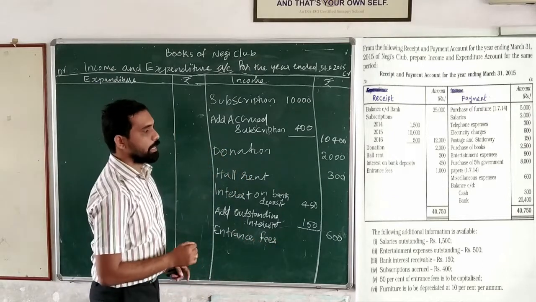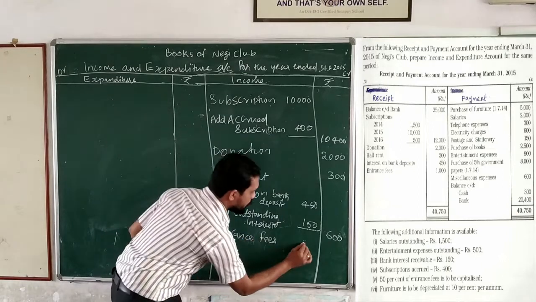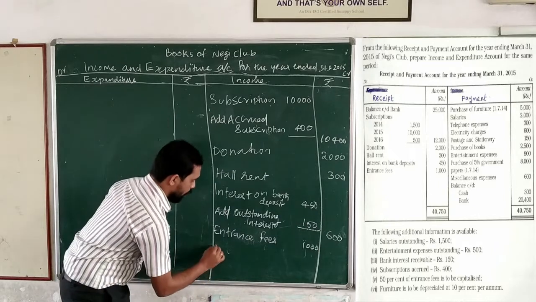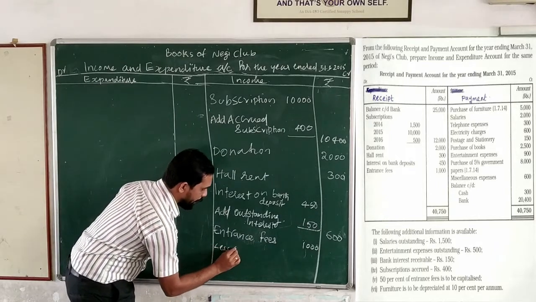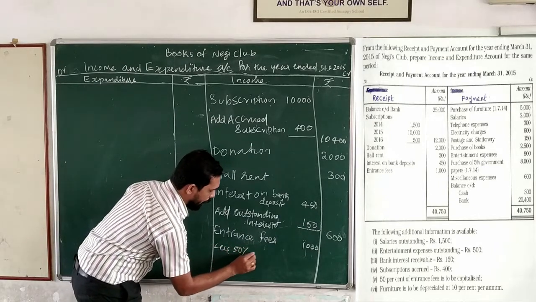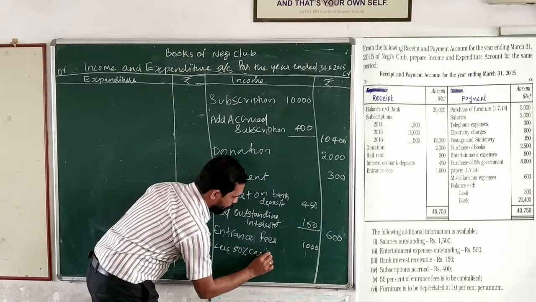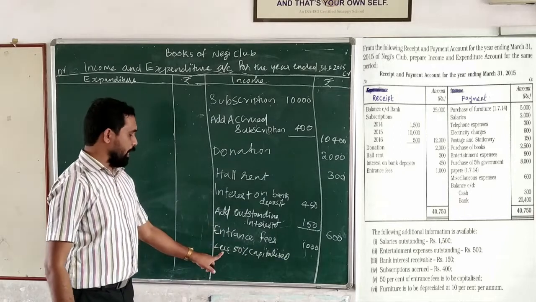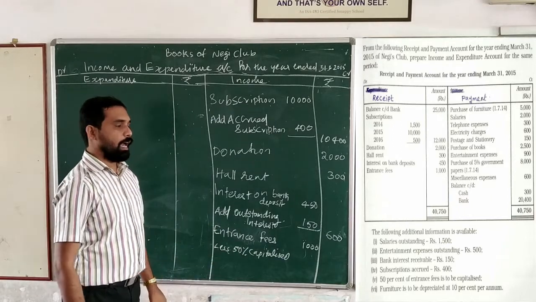How much rupees entrance fees? Actually 1000 rupees. In that, 50% is capitalized portion. So entrance fees less 50% capitalized portion.